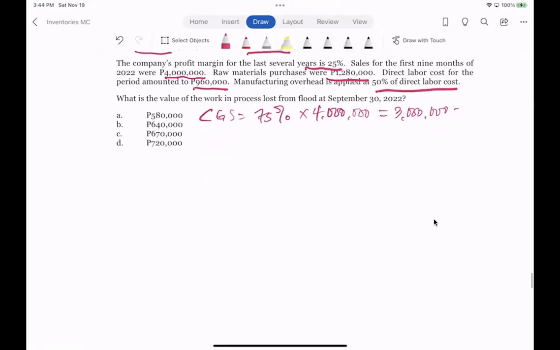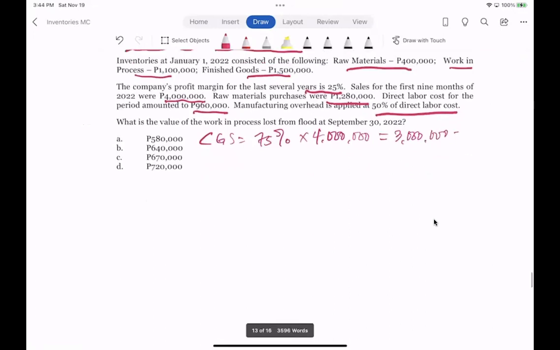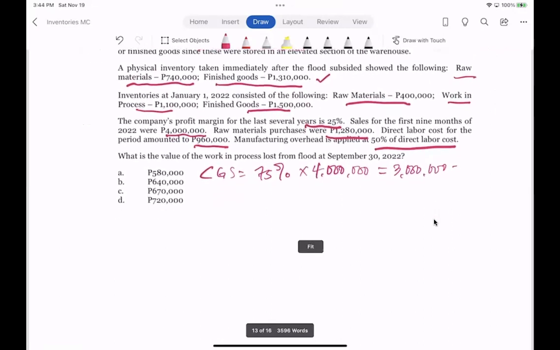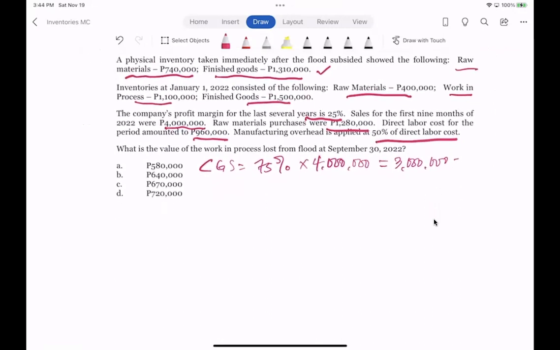So how do we compute? Do not make any modified formula. You just use the template for the computation of your cost of goods manufactured and sold. So we start with raw materials inventory, January 1, which is 400,000.